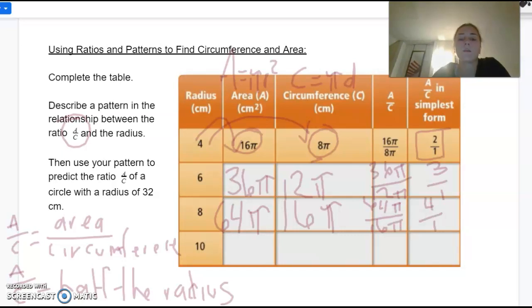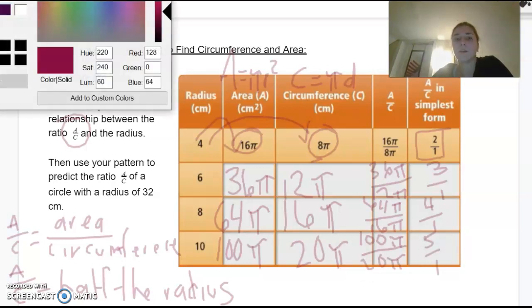Okay, if we're looking at 10 as our radius here, 10 squared is 100 pi. So our area with a radius of 10 is 100 pi. 10 times 2 for our diameter gives us 20 pi for the circumference. 100 pi divided by 20 pi leaves us with 5/1.